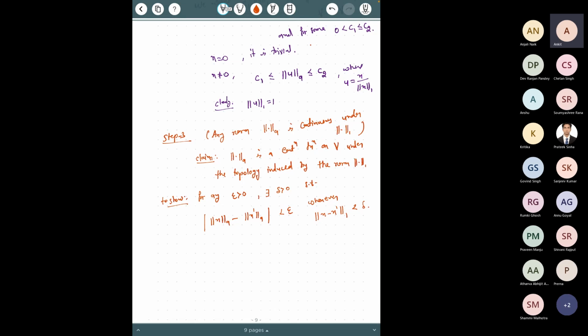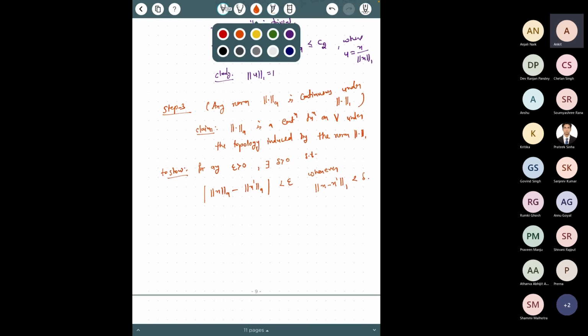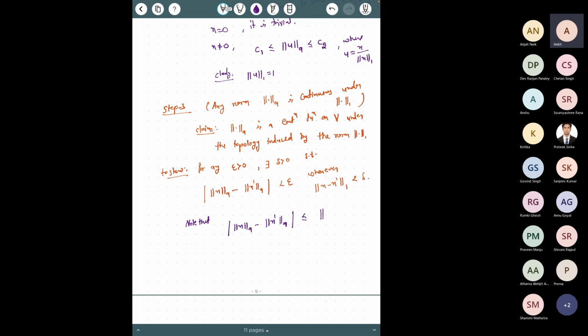Now, because of the triangle inequality, since the given function here is a norm on V, this norm satisfies the triangle inequality, and using it you can show that for any vectors x and x dash, the absolute value of the difference of their norms is always less than or equal to the norm of x minus x dash.